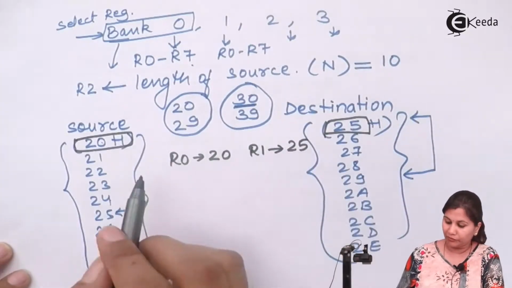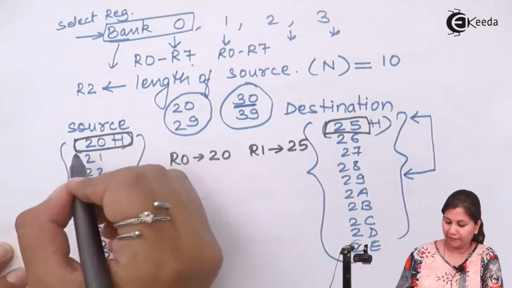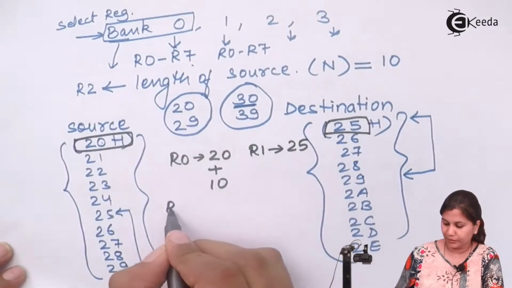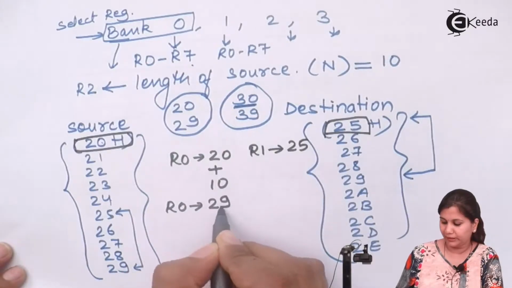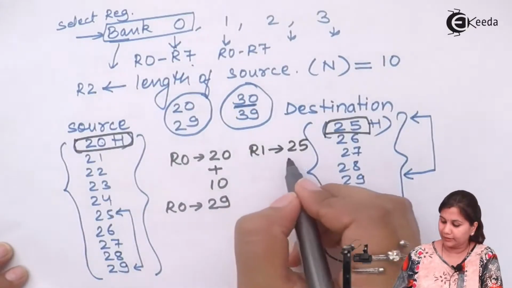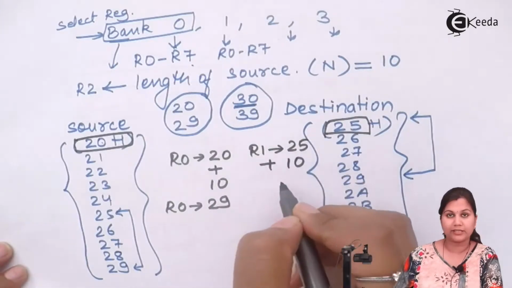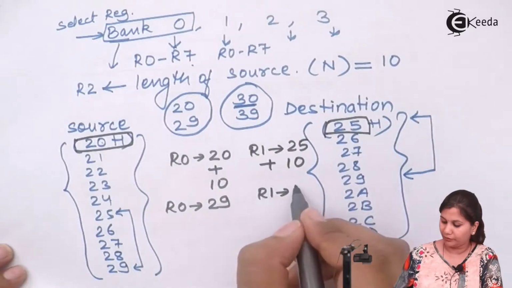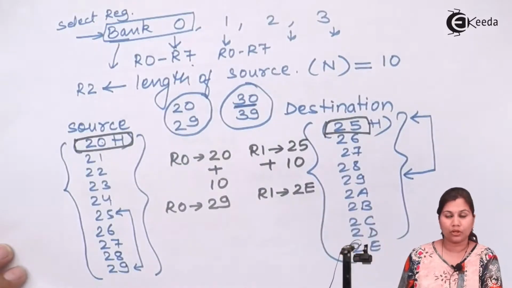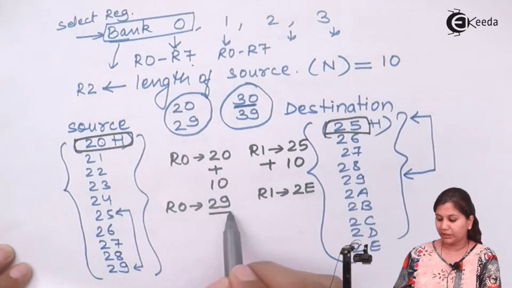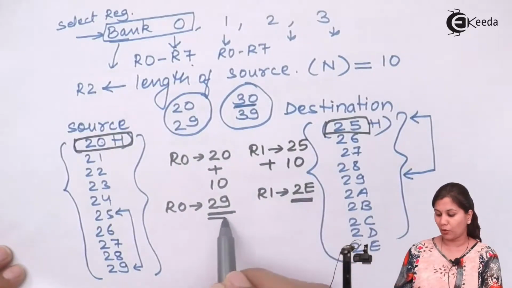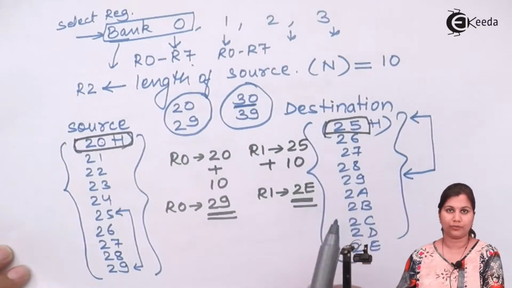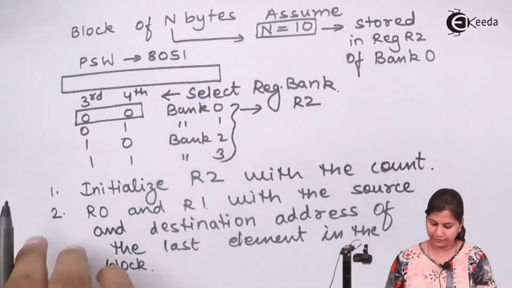Then, since the source has 10 numbers, we add 10 to this, so it gets the value 29, and then add 10 to the destination also, so R1 is going to have the value 2E. So R0 and R1 will be initialized with the addresses of the last element of the source and the destination.